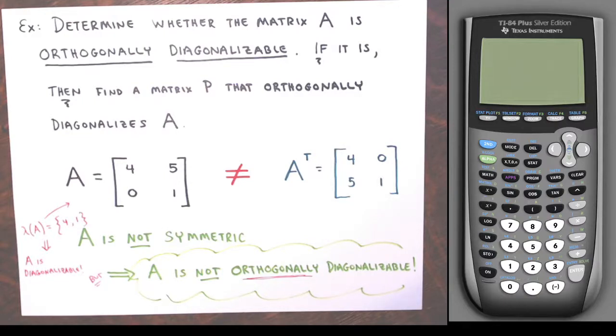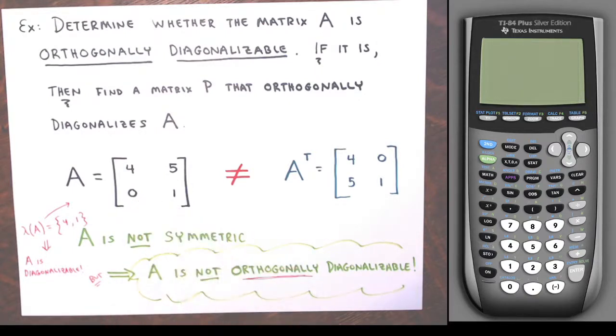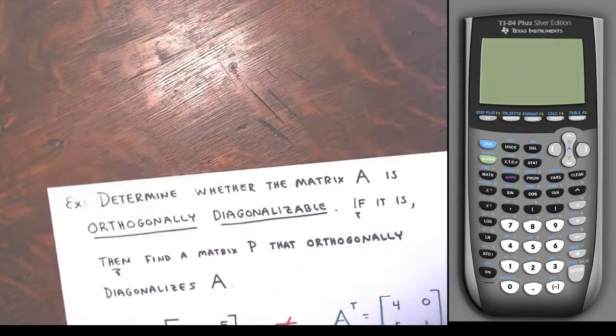It's in the name. But not every diagonalizable matrix is orthogonally diagonalizable, as we're seeing here. This is diagonalizable, but it's not orthogonally diagonalizable because it's not symmetric. It's got to be symmetric to be orthogonally diagonalizable. So, easy one to start with. Here's a matrix that wasn't symmetric, so not orthogonally diagonalizable.